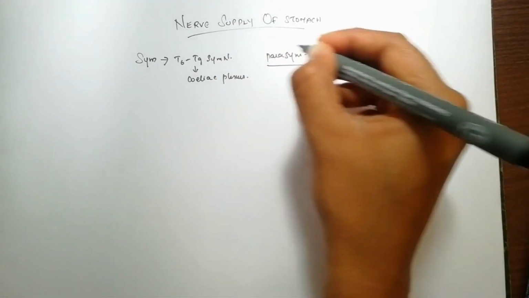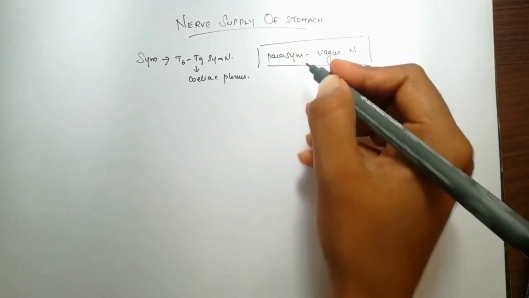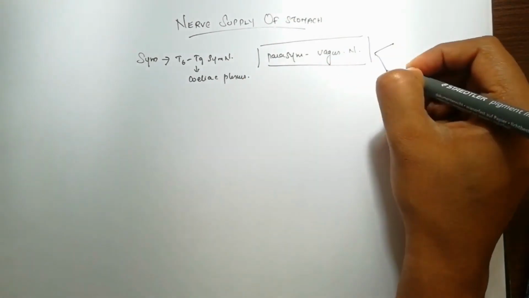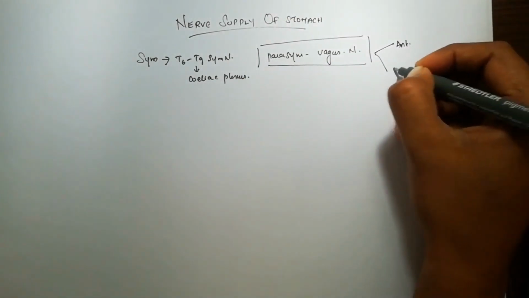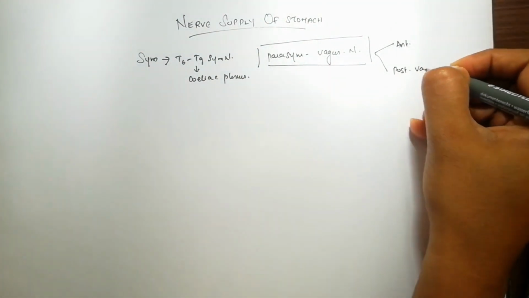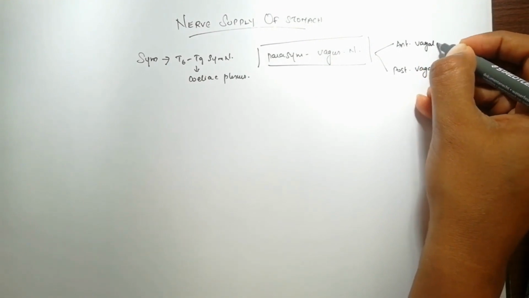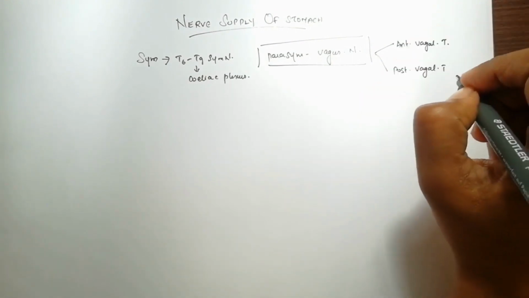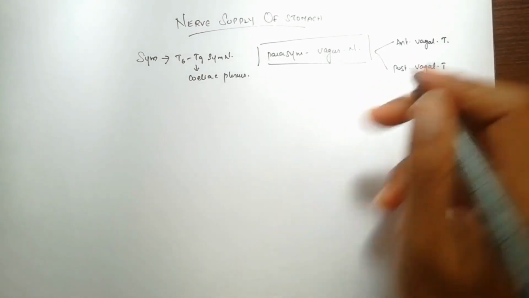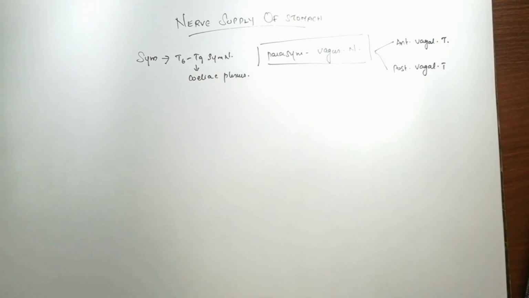Now we are going to see details of the parasympathetic, that is the vagus nerve. Talking about this vagus nerve, it is divided into the anterior and posterior vagal trunk. The anterior and posterior vagal trunks are nothing but the left and right vagus.